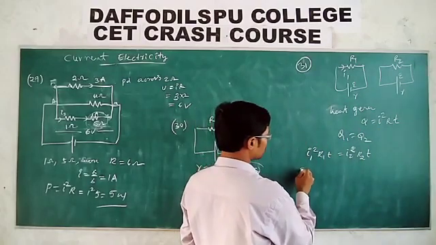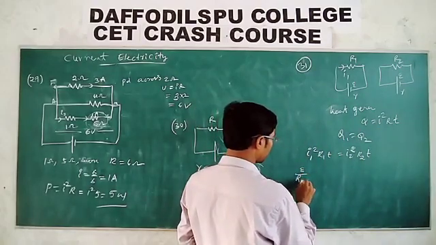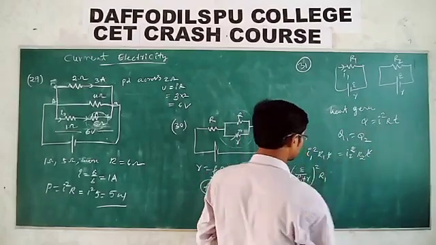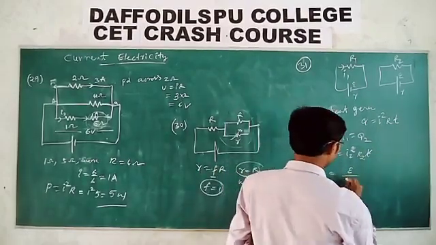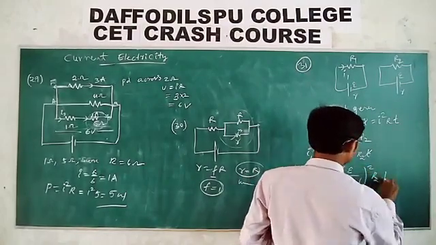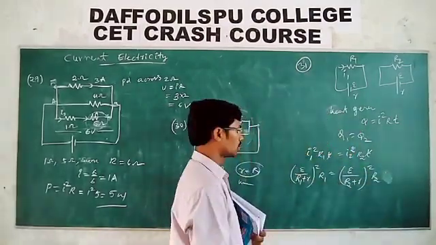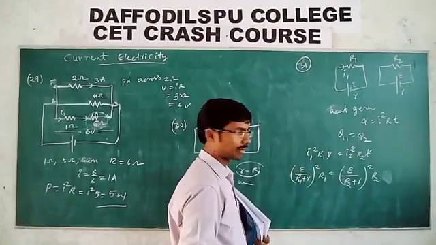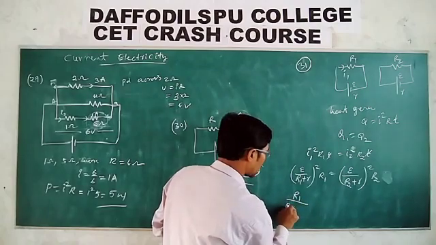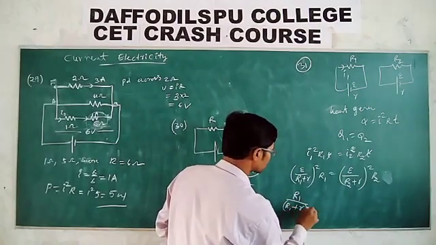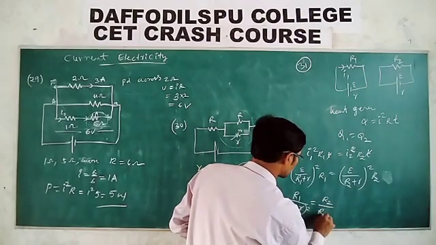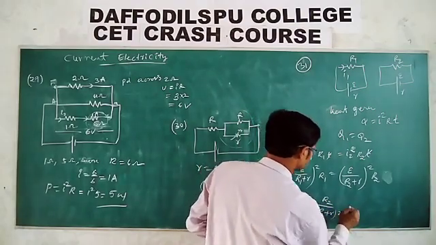I1 is nothing but E by R1 plus r, whole square into R1 T, equal to E by R2 plus r, whole square into R2 into T. Now look at this: E square and E square will be cancelled, T cancelled. Then what we have remaining? R1 by R1 plus r whole square is equal to R2 by R2 plus r whole square.